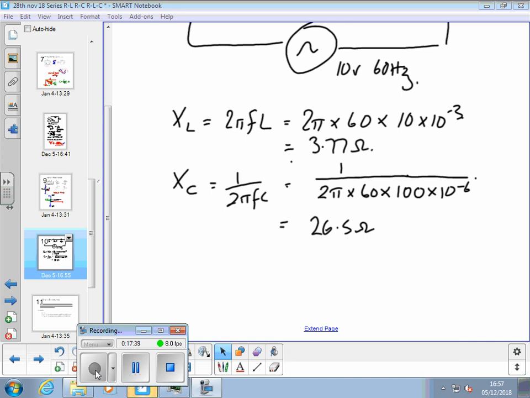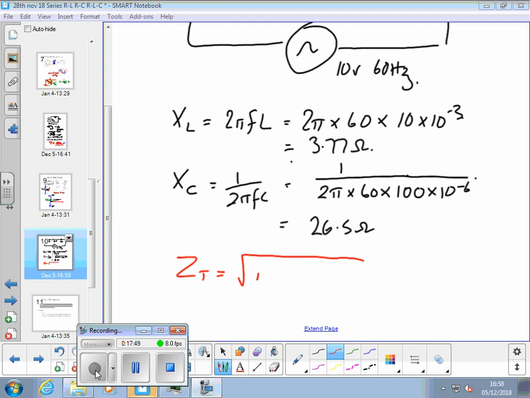So now ZT is equal to the square root of R squared plus (XL minus XC) all squared.